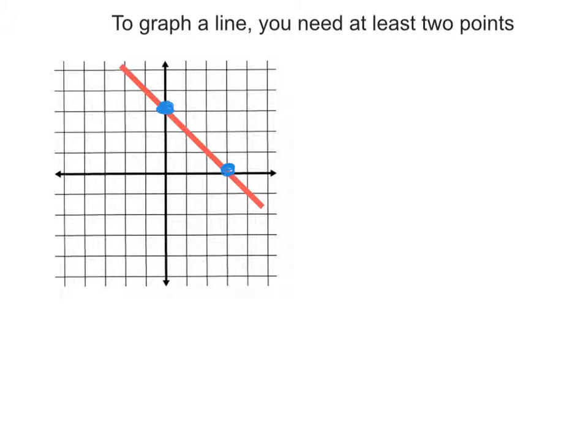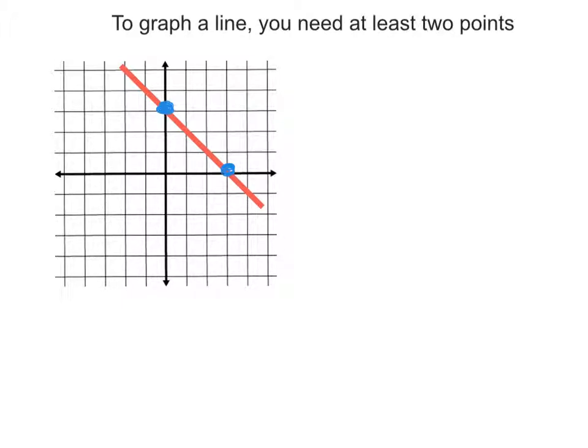But if we're talking about graphing a line, regardless what method you use, you have to have 2 points, right? Because if I have 1 point, how many lines could you draw through just 1 point? An infinite amount, right? You could just keep drawing lines through that point. But if I have 2 points, how many different lines can you draw through 2 points?